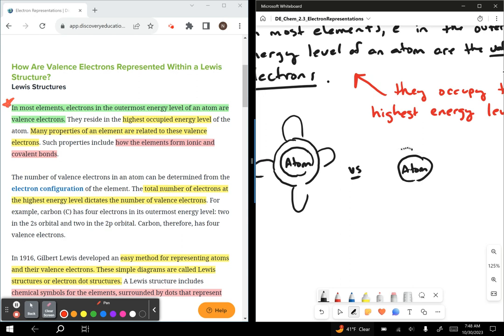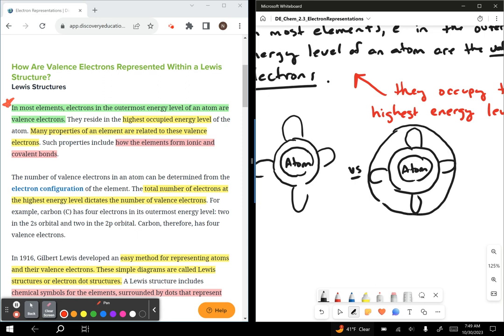There's your 1s, there's your 2s, there's your 2p, and then you have this 3p. We could say that this 3p, and we could say that this was a 2p. So the 3p is going to obviously be higher in energy, okay?